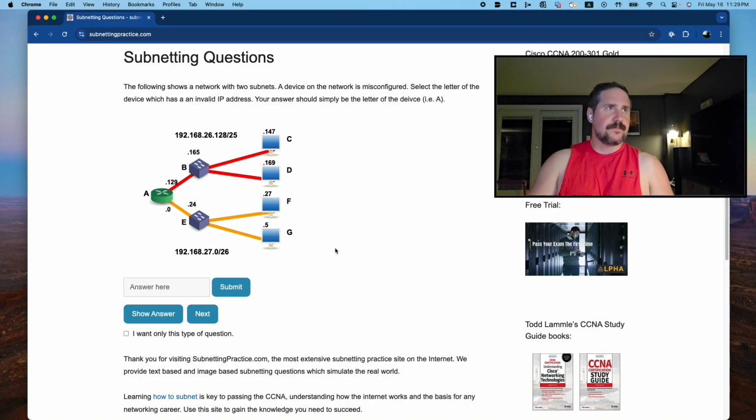Next one. So I see the answer. I think I see the problem already. So in this one, we are operating again in the 4th octet. We're borrowing 2 bits from the 4th octet, which gives us a block size of 64. And we're going to go from 0 to 63.